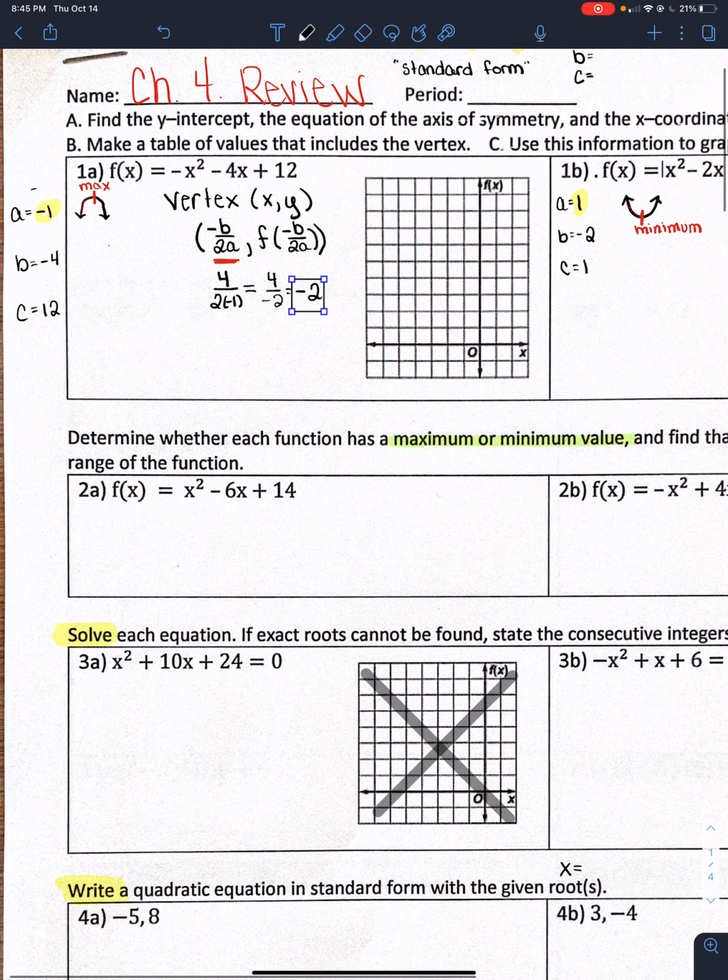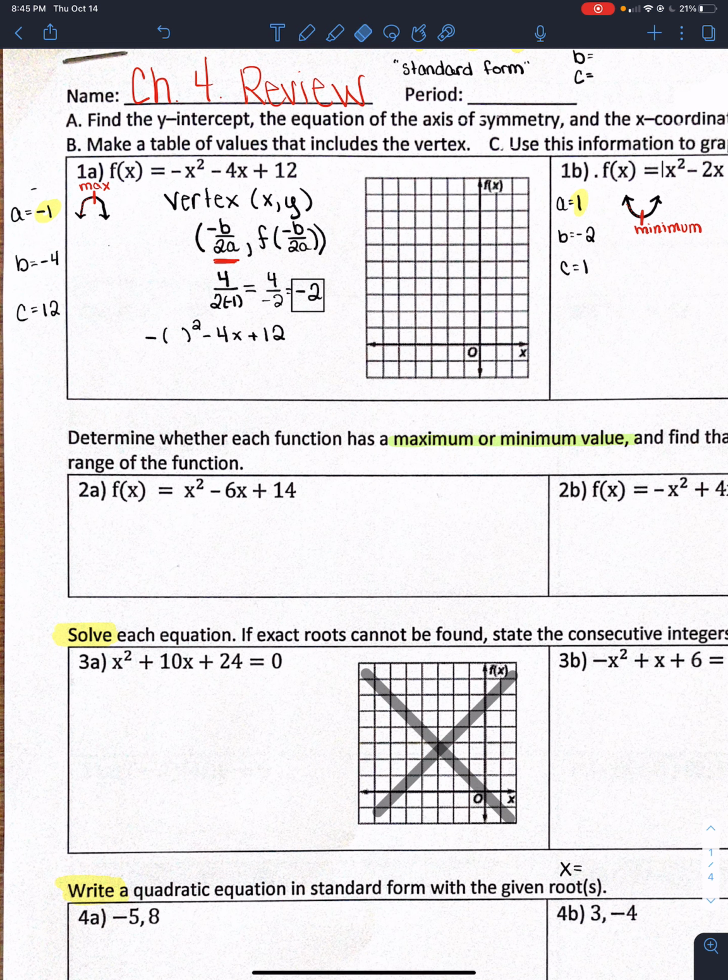Okay. All right, to find the y value of the vertex, we're going to take -2 and substitute it back into the equation. So we have negative x squared minus 4x plus 12.